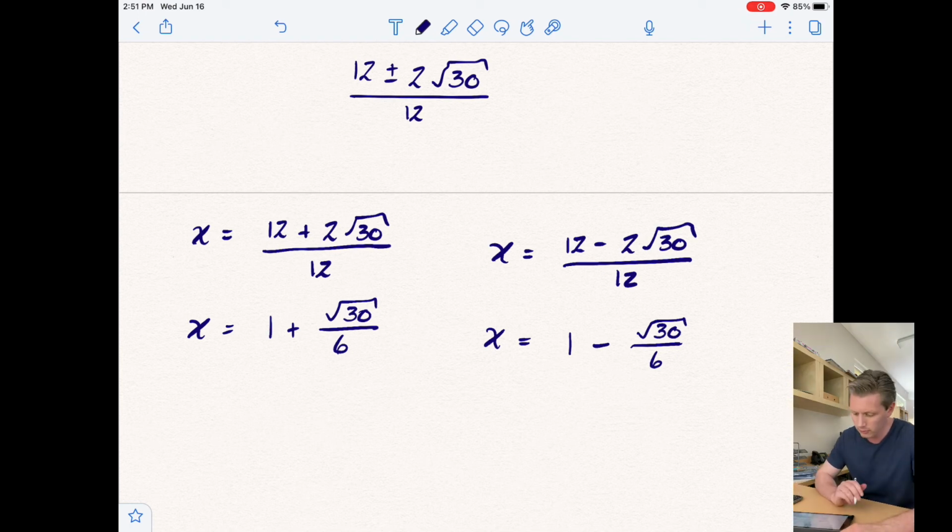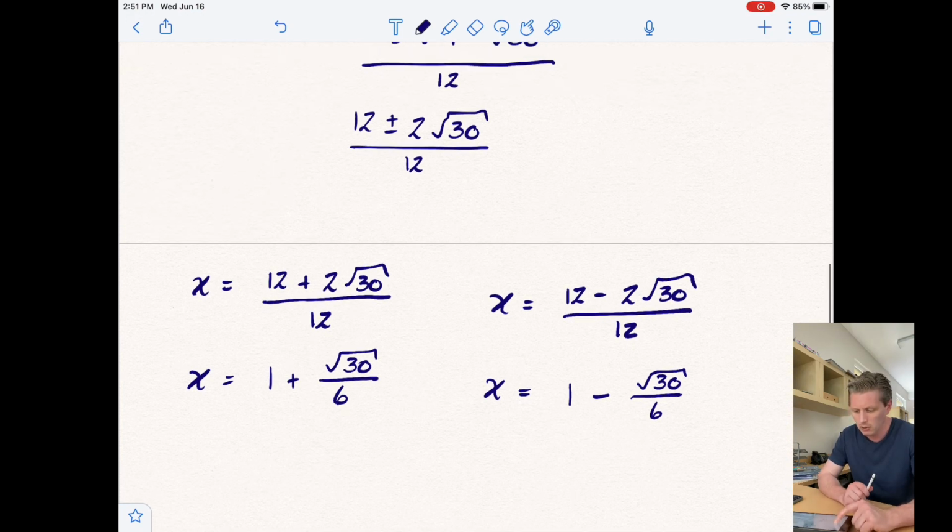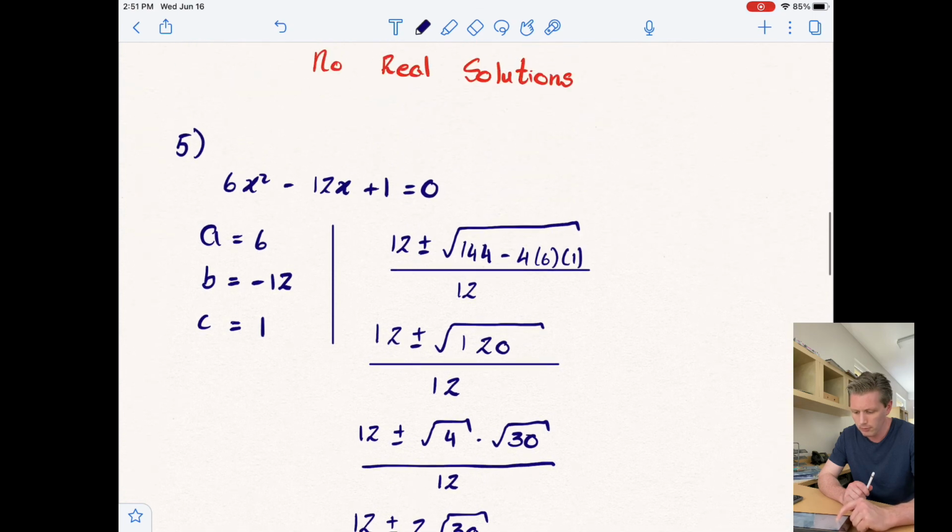And those are my two solutions. Maybe I'll just leave them like that. 1 plus root 30 over 6, and x equals 1 minus root 30 over 6. Get out your calculator, you can work out what that is as a decimal if you want, but I prefer to just leave it in that surd form. And that's it. That's how we solve those kinds of problems.